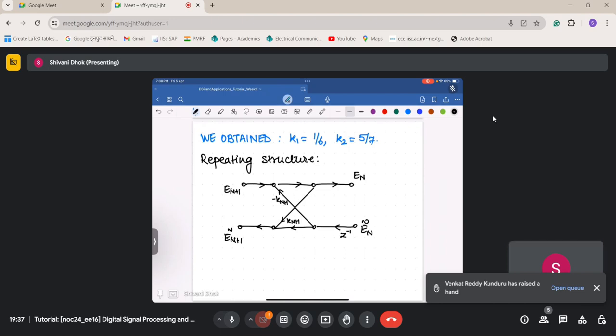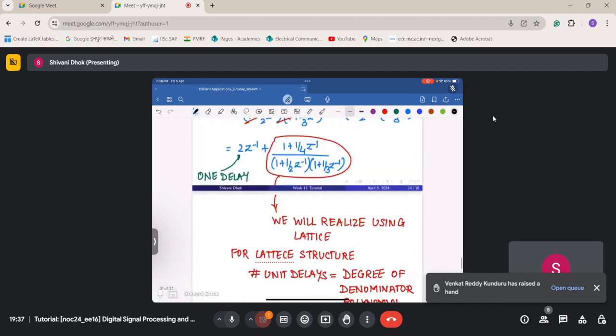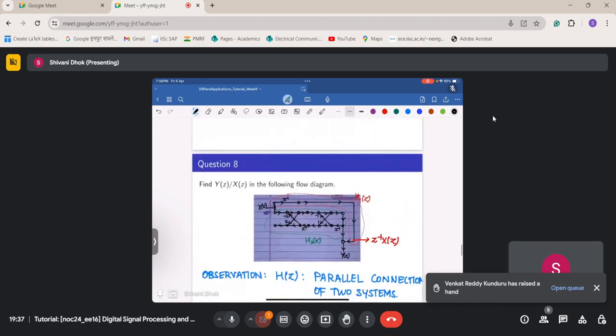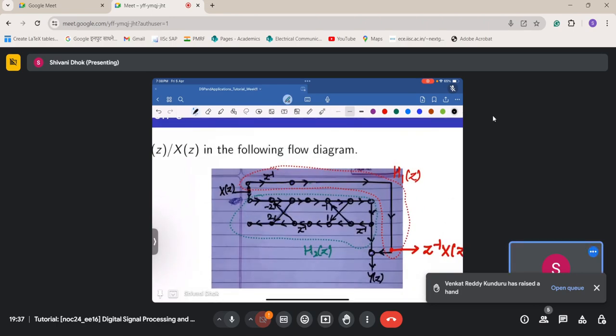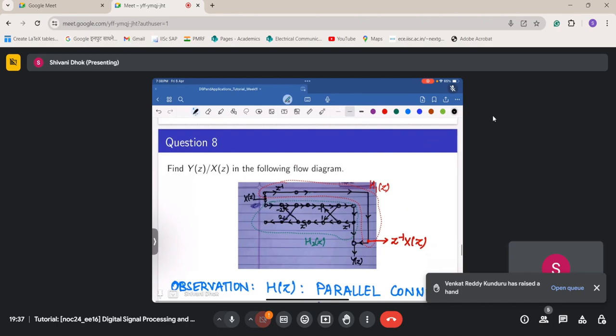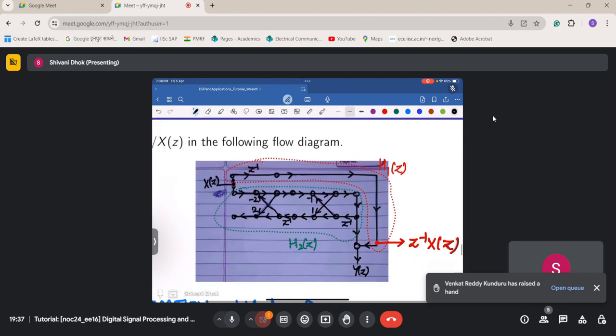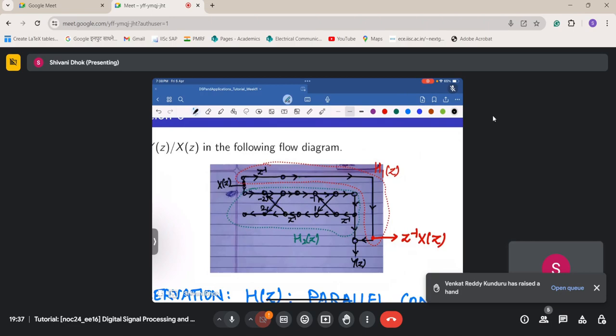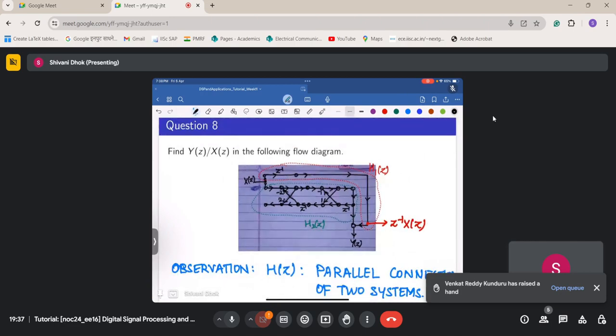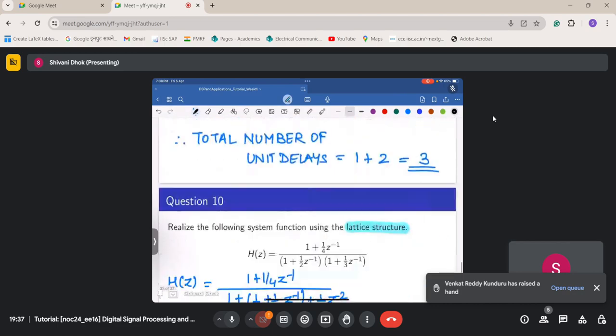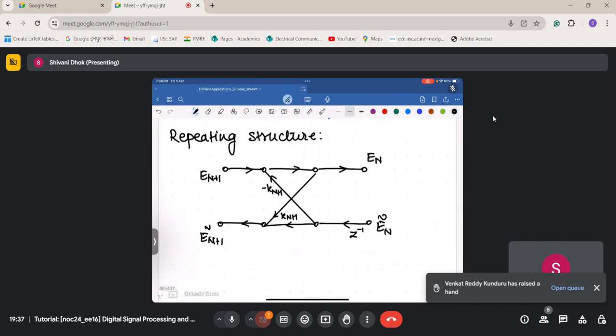Madam, you gave the arrows in reverse order for Kn plus 1. The direction must be opposite. No, I think... Madam? Arrows must be in the forward direction, but what you gave are in reverse. Please check. These arrows?